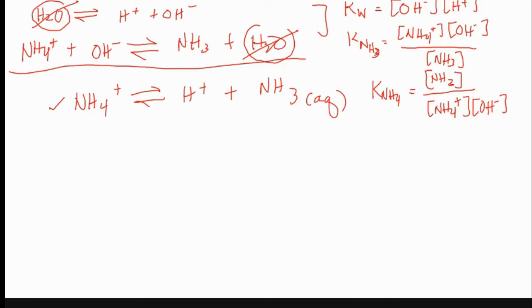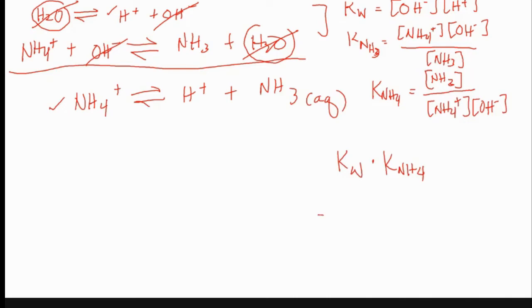OH minus, OH negative. So, kunin natin yung net reaction. Dito sa right side, we have NH4, and dito sa product, we have H plus and then NH3. So, that is actually equal to KW times K NH4.